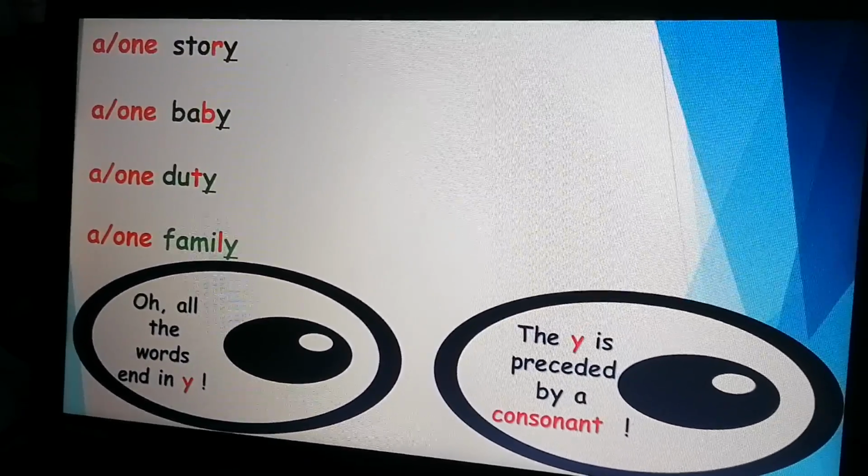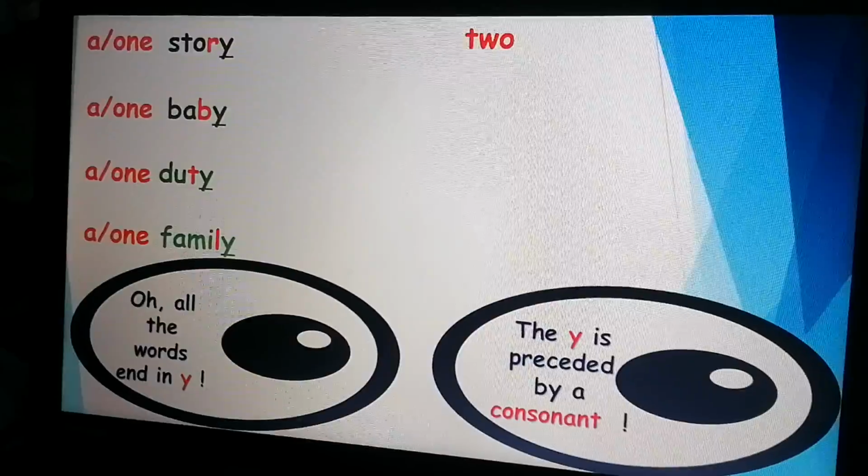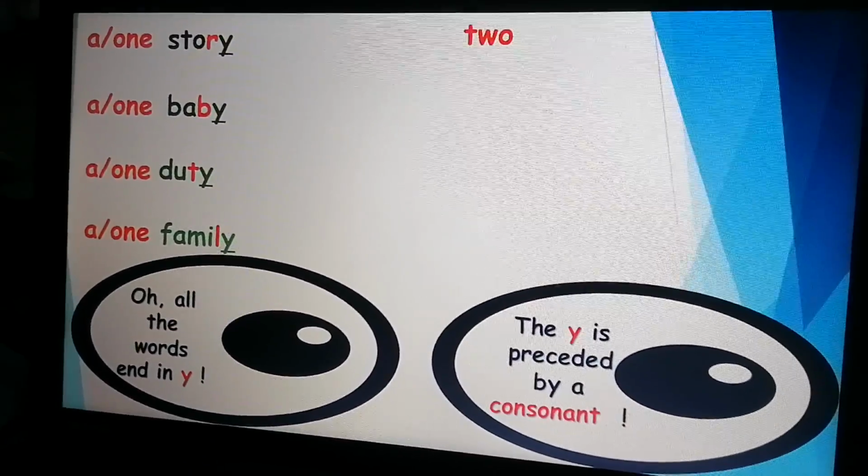Okay. Now we are going to see the plural of the following nouns.